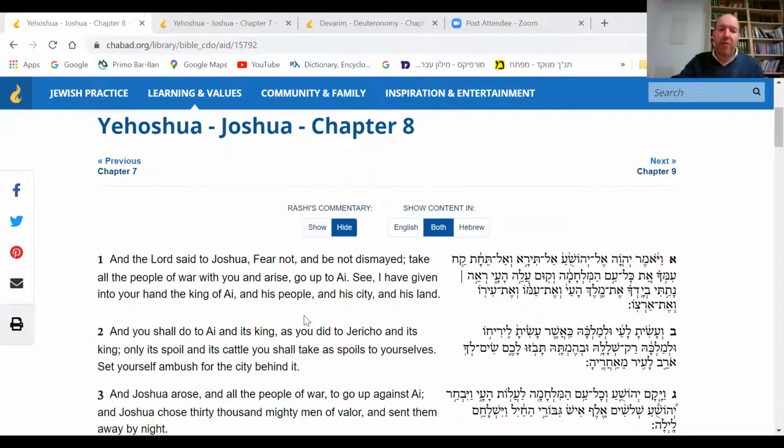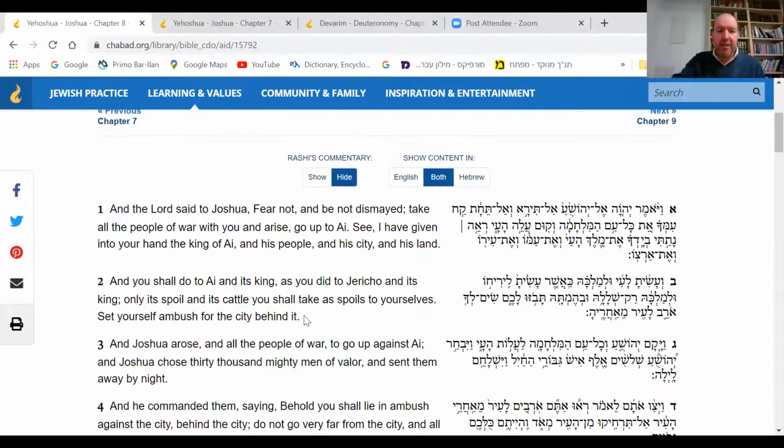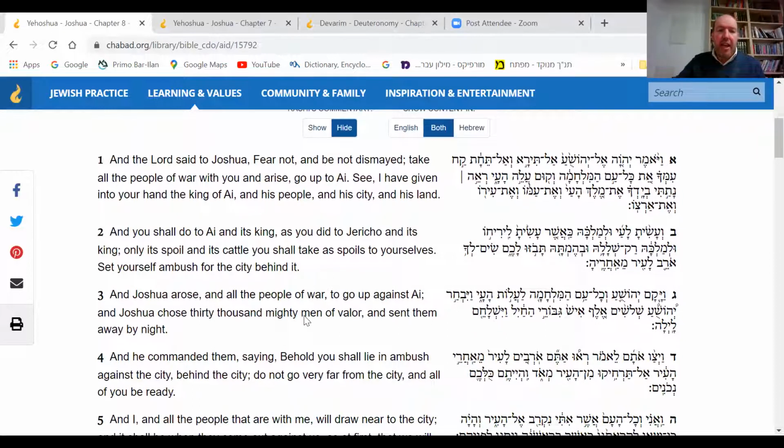Okay, so we continue in verse 2, and you shall do to Ai and its king as you did to Jericho and its king. Namely, you have to utterly destroy them, that's the cherem. However, look at the continuation. Only its spoil and its cattle you shall take as spoils to yourselves. So here we have something different. In this instance, there is a permission to take spoils.